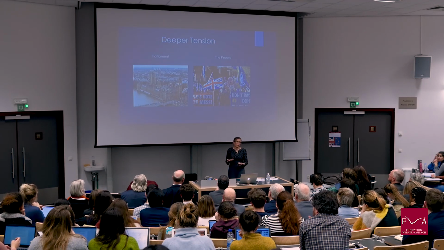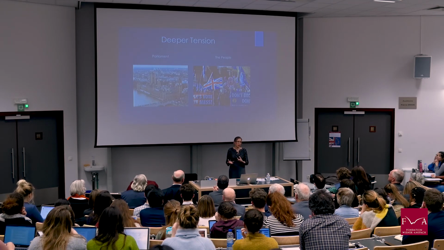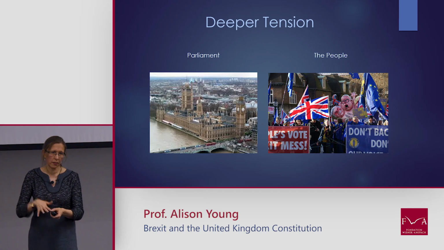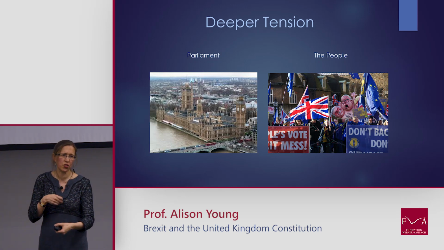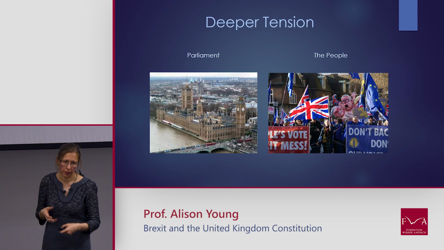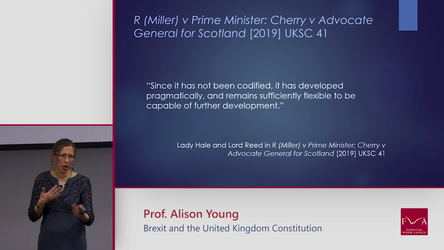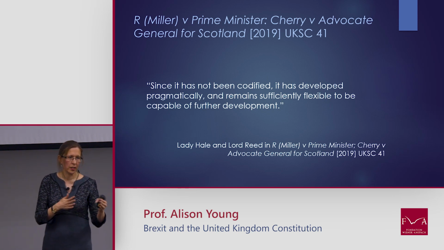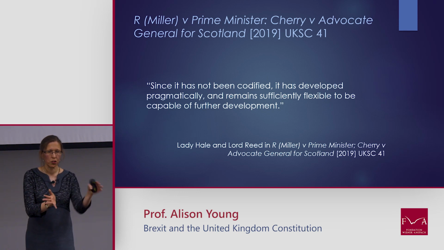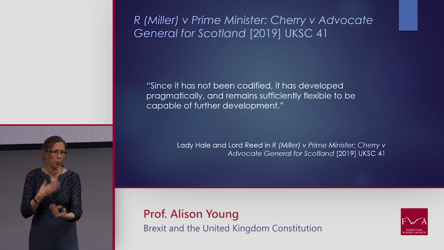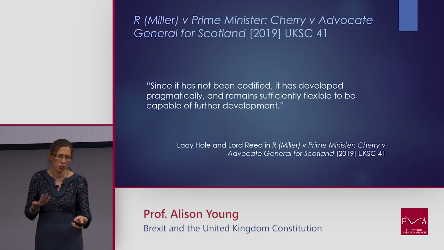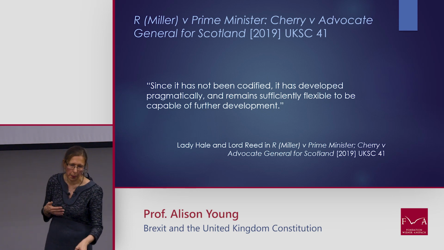All of this is illustrating these deeper problems between Parliament and the people, between how democracy works. Now we know the UK has a flexible constitution. It can modify over time. It's not been codified. And we've seen it bend and move and shift to negotiate through Brexit in a way that tries to balance these tensions without breaking the constitution and without the institutions collapsing.